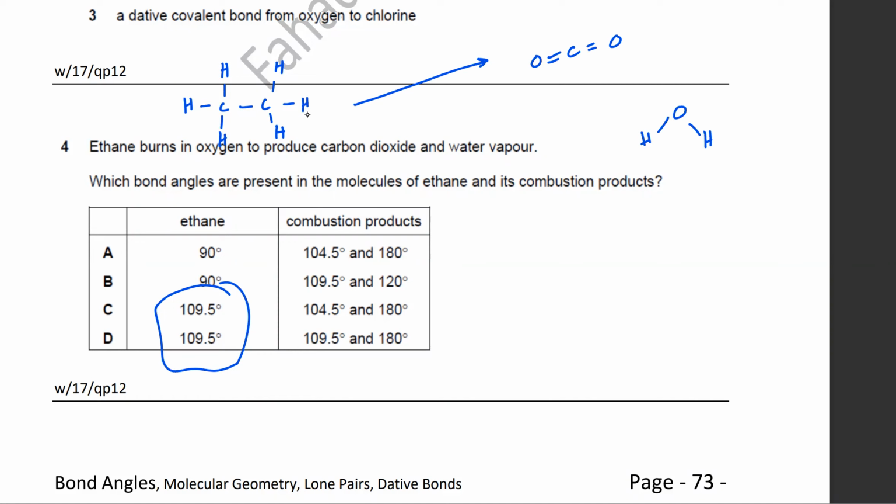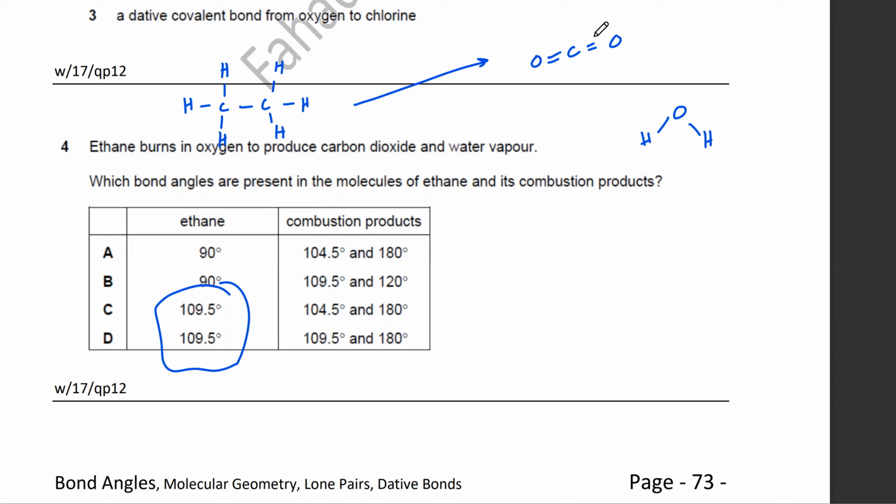Now, they don't tell you about lone pairs. You have to figure out the lone pairs yourself. Focus on the middle carbon atom. Carbon never really has a lone pair because carbon has 4 electrons, so 2 got shared here and 2 of them got shared over here, so all the 4 electrons are busy. There are no spare electrons. So carbon just has 2 bonds.